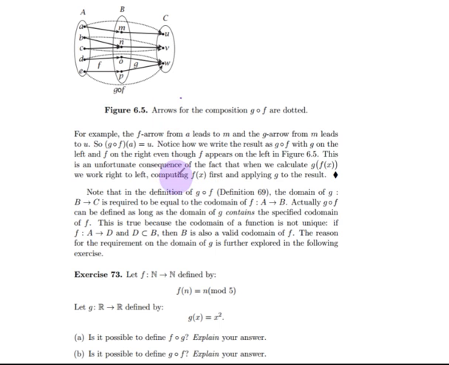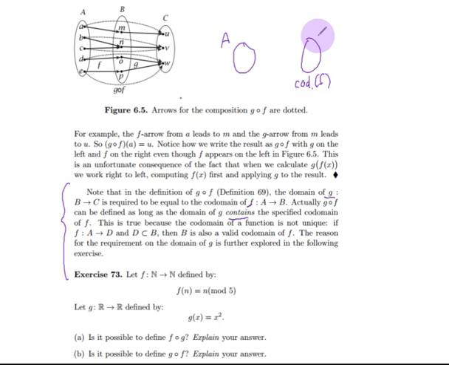Now, there's some conditions that need to be satisfied in order for the composition to be defined. The domain of g must be equal to the codomain of f. Okay. Now, actually, g composed f can be defined as long as the domain of g contains the codomain of f. And codomain is not unique. So, for instance, if I have A here, and I have B here, which is the codomain of f of A. So let's say this is the codomain of f here.